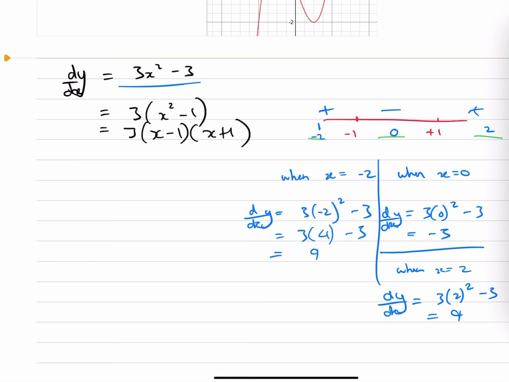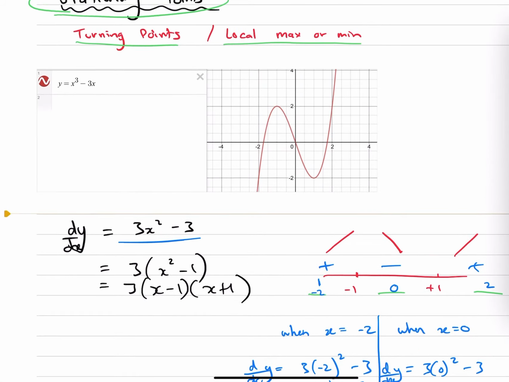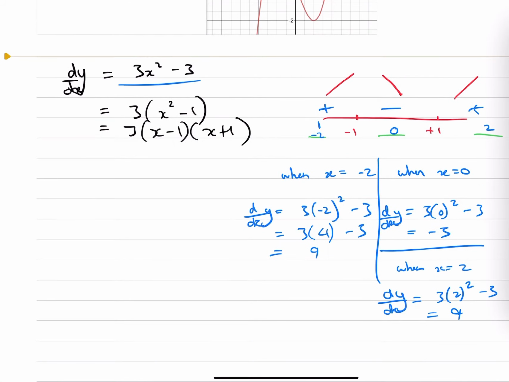Alright, so I then know, based off the fact that this is increasing, this is decreasing, and this is increasing, that if I draw this and join them up, it's going to look something like this, where this is a maximum and this is a minimum.